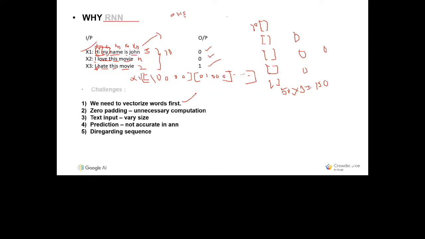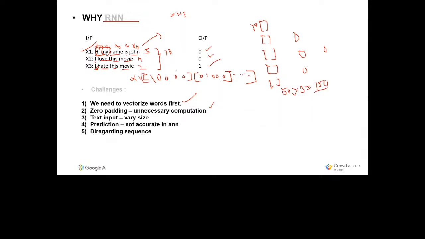So we have faced challenge one, that we need to vectorize. Second, zero padding. What is zero padding? It is unnecessary computation. For five vectors, I get 150 weights required to compute this.